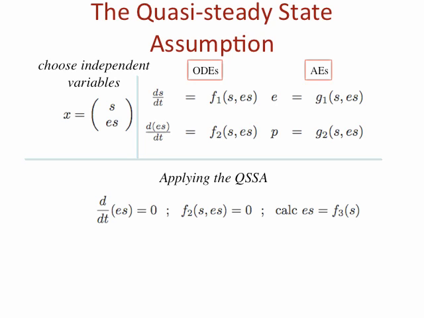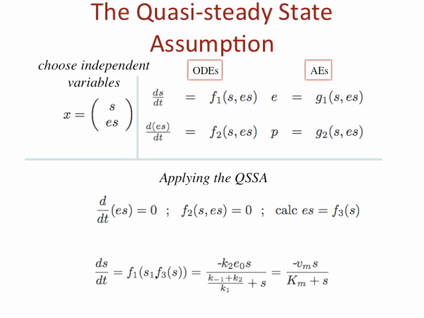It assumes that the intermediate complex is in a steady state, and one can put the time derivative of it to 0. This means that the function f2 is equal to 0, and it can be rearranged so that we can calculate the concentration of the intermediate complex as a function of the substrate concentration, which we call here f3.